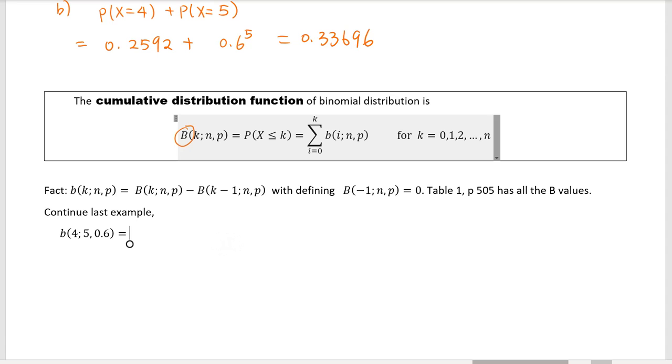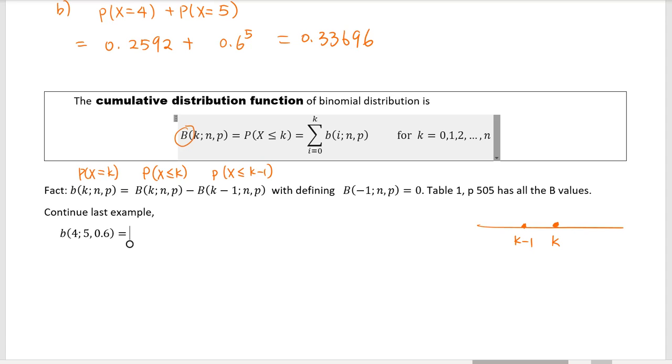Fact: small b of k and p equals capital B of k and p minus capital B of k minus 1 and p. Why is that? This is X equals k. This is the probability X less than or equal to k, and this is the probability X less than or equal to k minus 1. Let's draw a picture here. This is k, this is k minus 1.